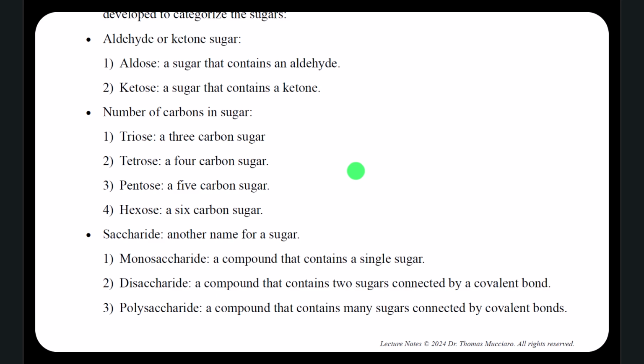So for example, a compound that contains a single sugar would be called a monosaccharide. Mono basically meaning one. If a molecule contained two sugars that were connected by a covalent bond, we would call that a disaccharide. And similarly, if a compound contained many sugars connected by covalent bonds, we would call that a polysaccharide.